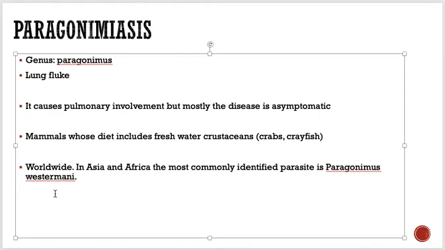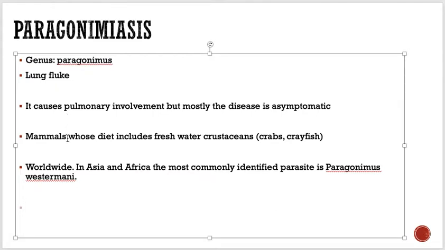So now, all over the world, they found a lot of species of this one, more than 50, by the way. And more than 50 species are basically connected with human disease. For example, this parasite is endemic in many areas.